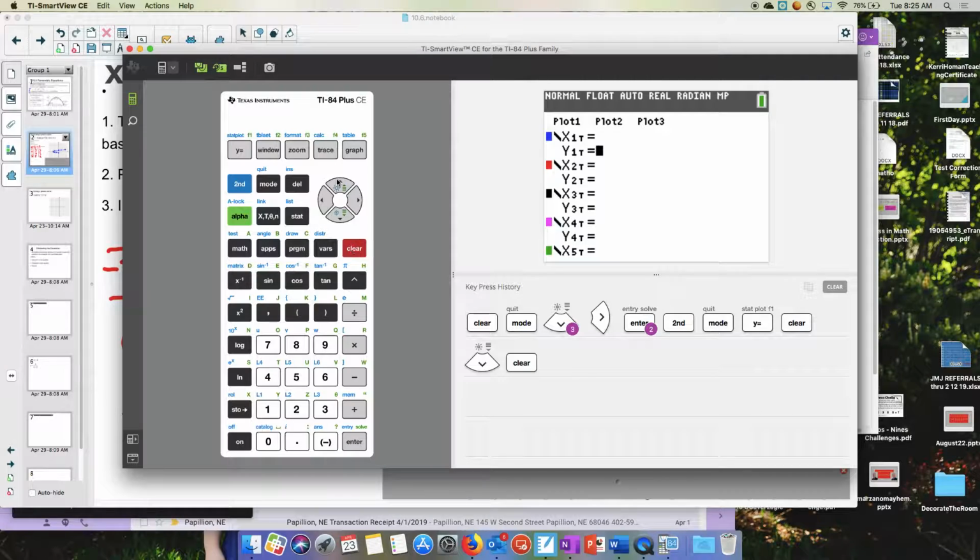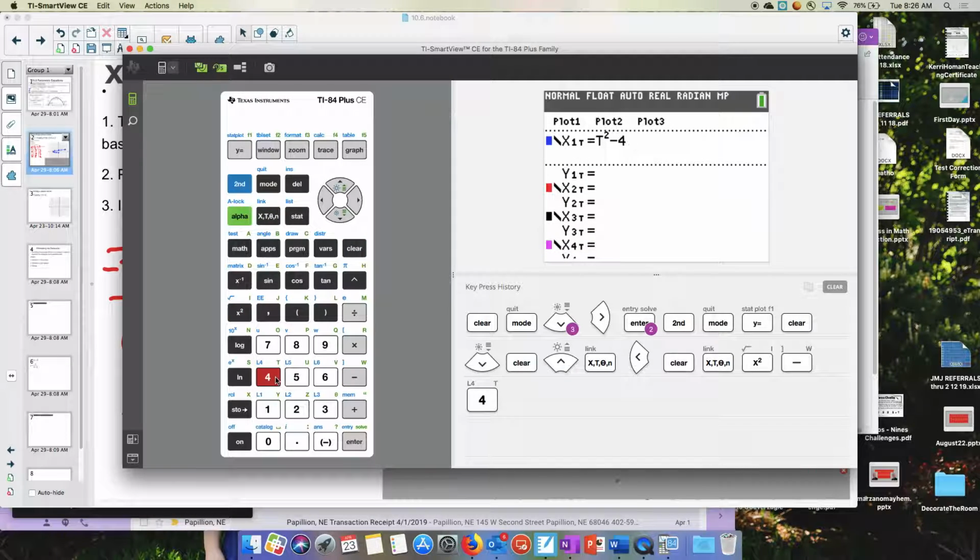Okay, so you're still going to use this button right here, but everybody press it with me. Instead of an x, a t is going to appear because you're in parametric mode. When you want to go back to x's and y's, then you go back to function mode. Okay, but if we were to plug this in, let's see, t squared minus 4 and t over 2.